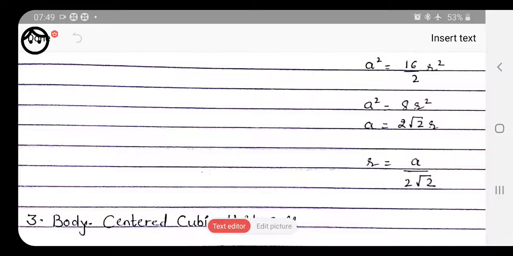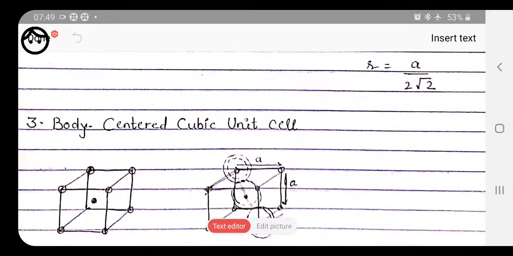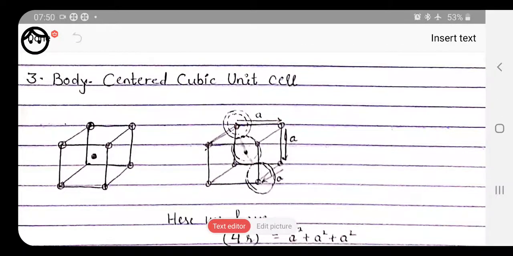Now let's move to the body centered cubic unit cell. We know that in the body centered cubic unit cell, a constituent particle is also present at the center of the body along with the corners. Look at the structure: all the corners have a constituent particle, and one constituent particle is present at the center of the body. Here again we will take the radius from one corner to another corner.